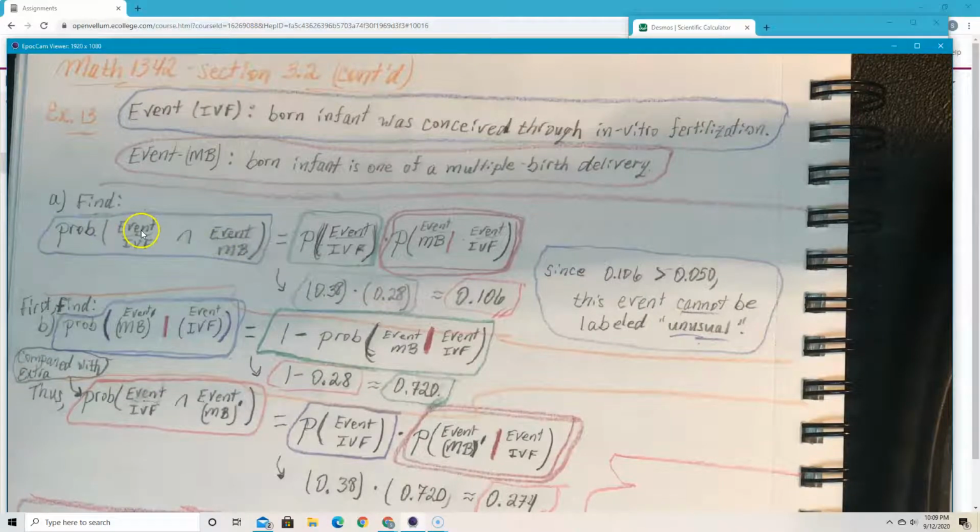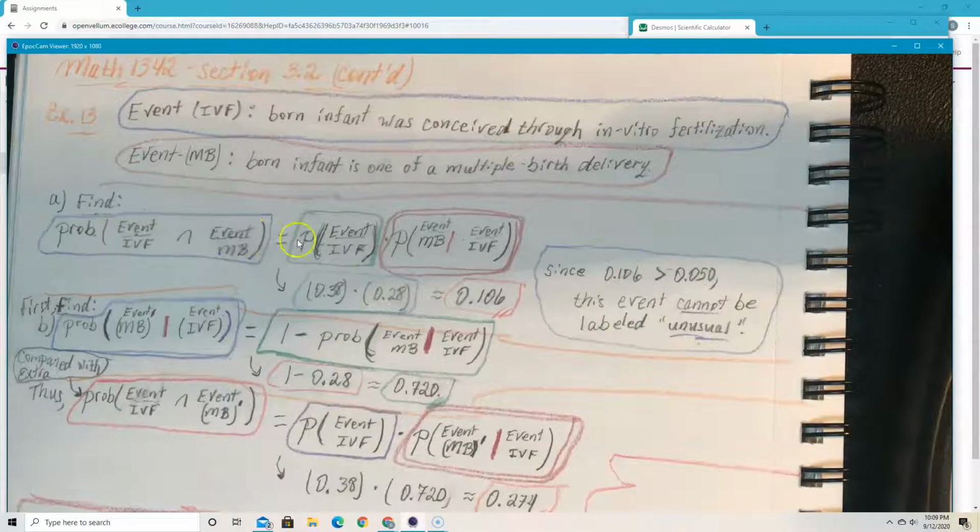The probability of an event and a second event occurring, we know, hopefully we're comfortable now after this discussion, is equal to the probability of the first event, which was the IVF, times the probability of the second event, which is the multiple birth, given knowing the first event occurred, the in vitro fertilization process.